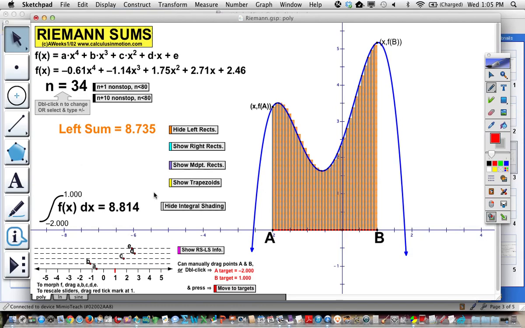It wouldn't be quite as good. 1,000,000 left rectangles might only be accurate to 14 decimal places, and 1,000,000 trapezoids would take us up to 20 decimal places. Well, who cares once you get up that far? The idea is that 4 left rectangles probably isn't going to be a great approximation, but if you have enough of them, left rectangles will do just as good a job as trapezoids will. But that's what a left rectangle is.